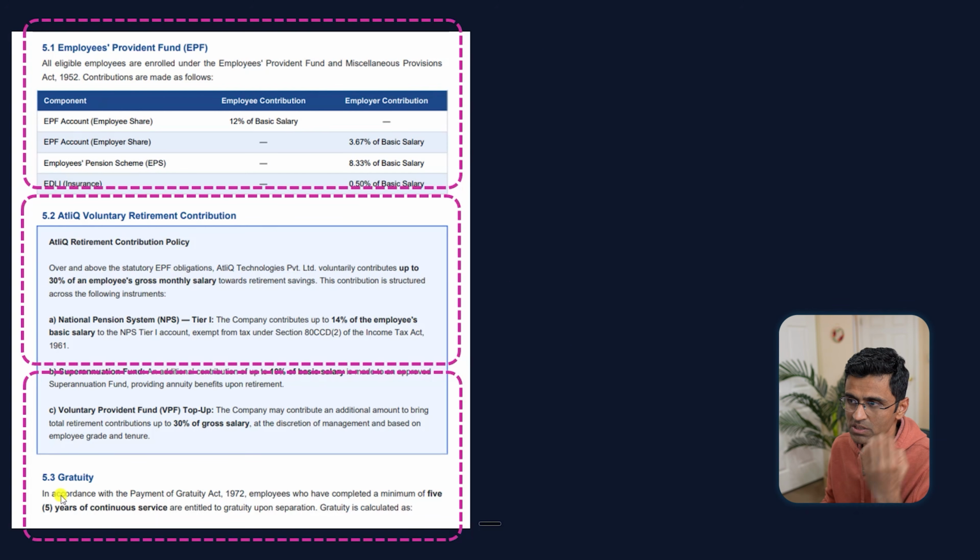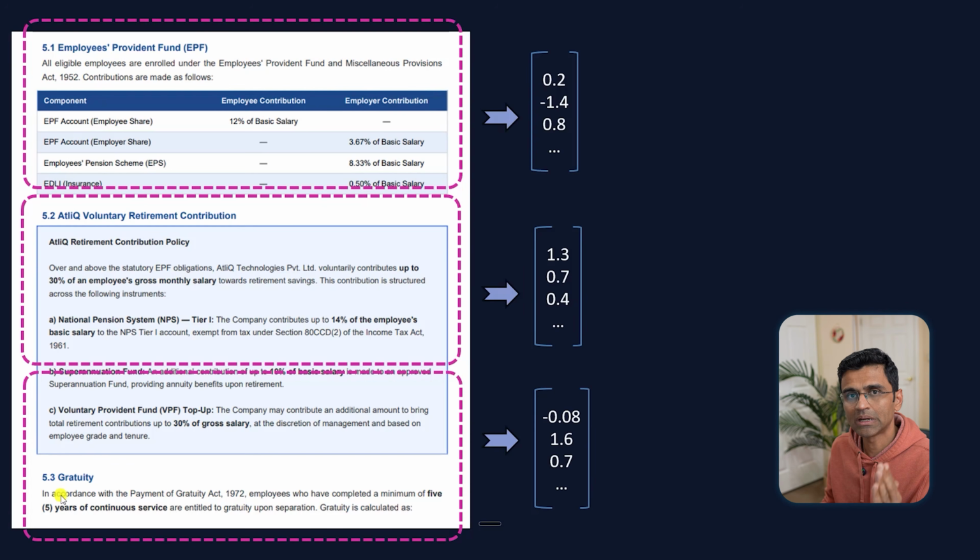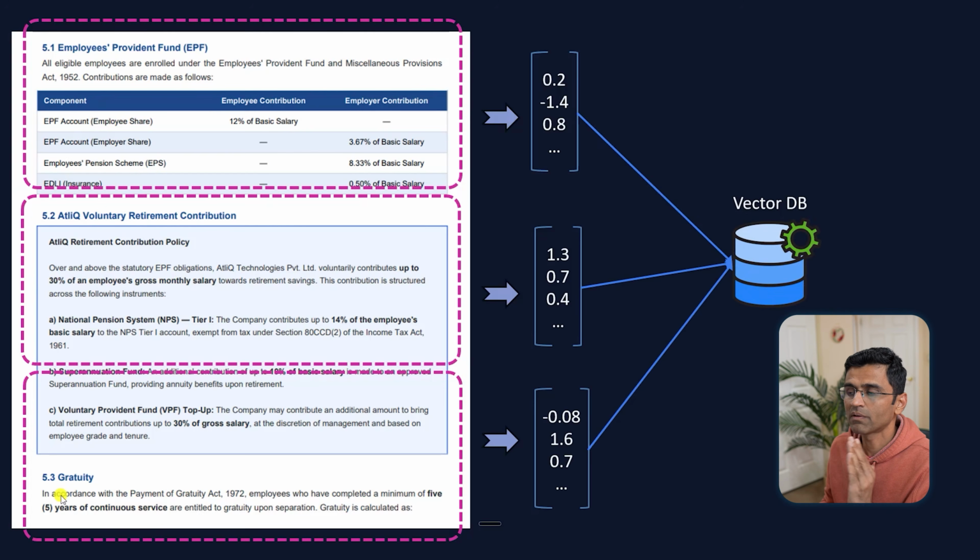Of all the chunks, you will convert them into vector embeddings, and then you will store them in a vector database. This is different from your regular database. Your regular database can search using exact values, whereas a vector database will be able to search using the meaning.